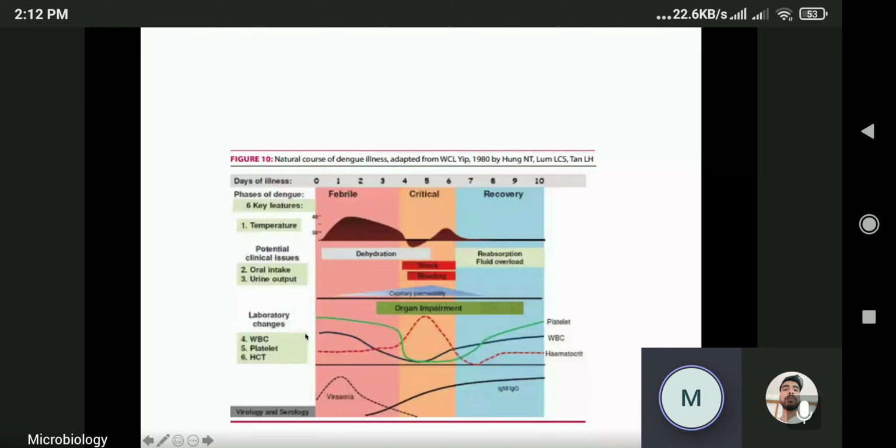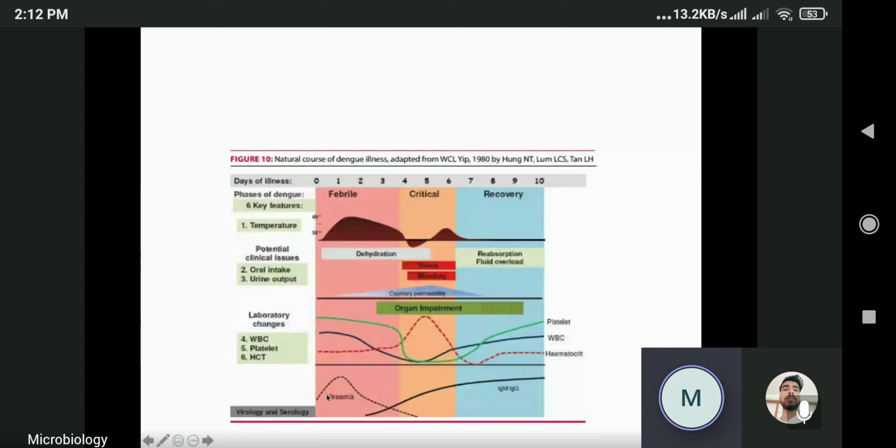However, WBC count can decrease in the critical phase, that is, the patient will have leukopenia. And due to the plasma leakage, this one is very important, the packed cell volume will increase, that is, there is increased hematocrit. So these are certain laboratory changes that we see.